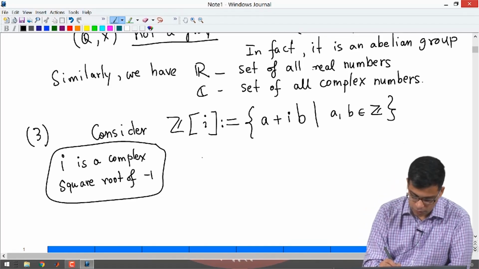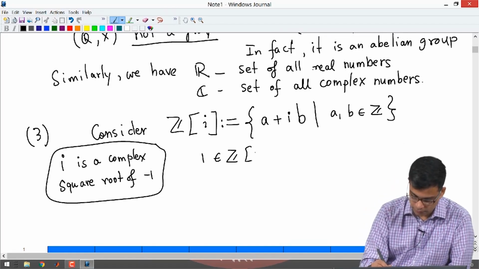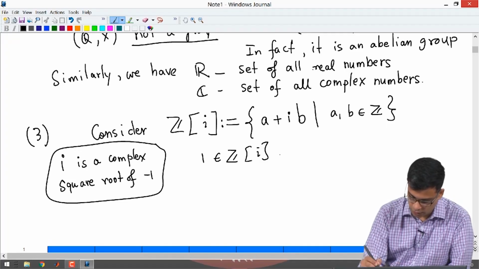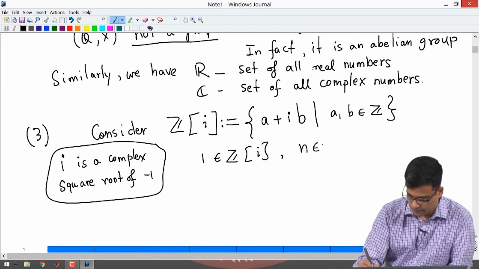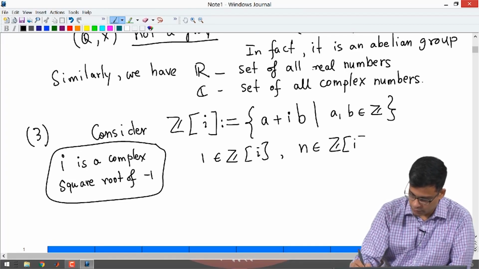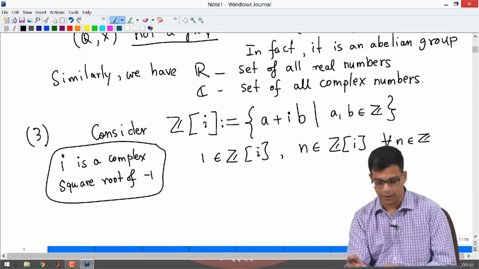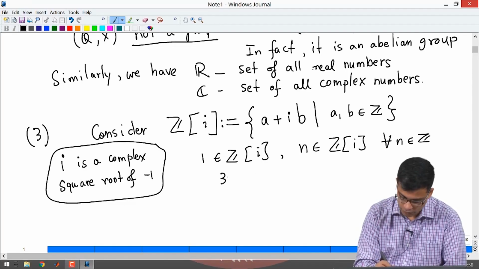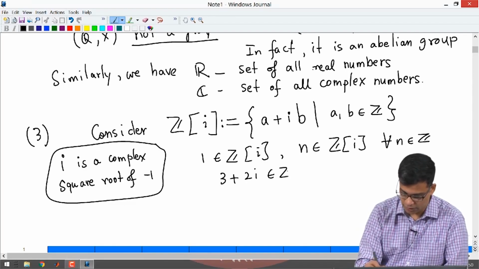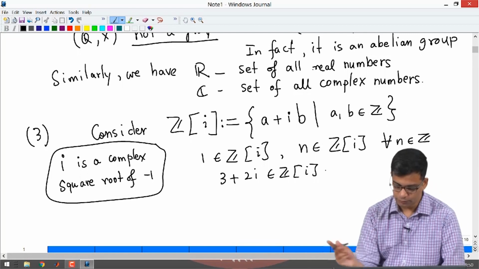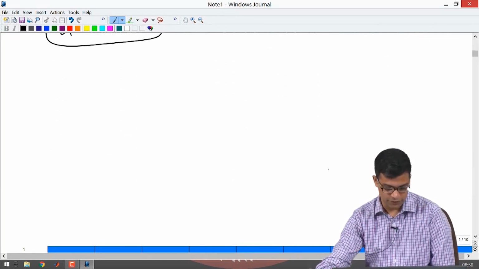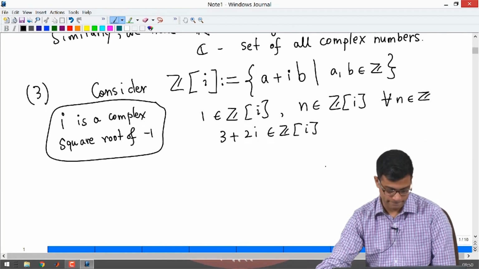For example, 1 is an element of Z[i], minus 1, in fact any n is an element of Z[i], for all n in Z, because it is n plus i times 0. Similarly, 3 plus 2i is an element of Z[i] and so on. So, you understand.